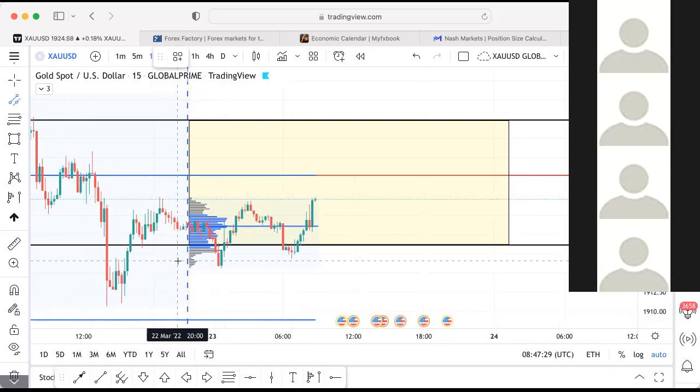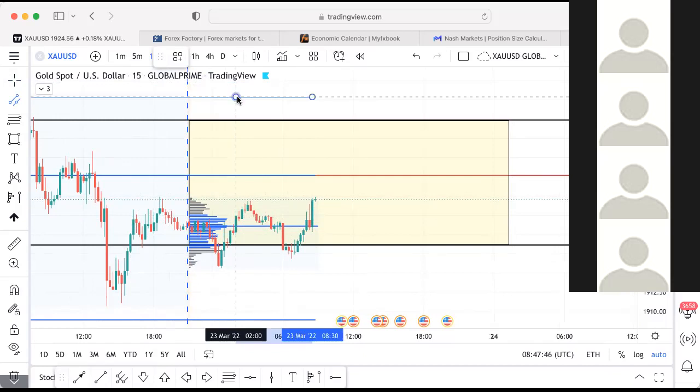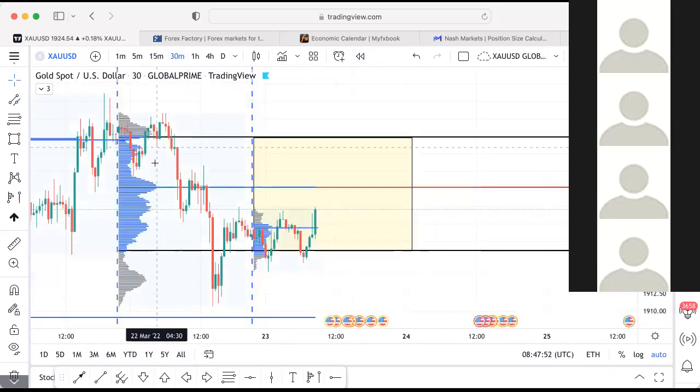I'm going to try and put this parallel channel where I think it ought to be. We're on the 15 minute. I'll go to the 30-minute chart and see if I can find it slightly easier.